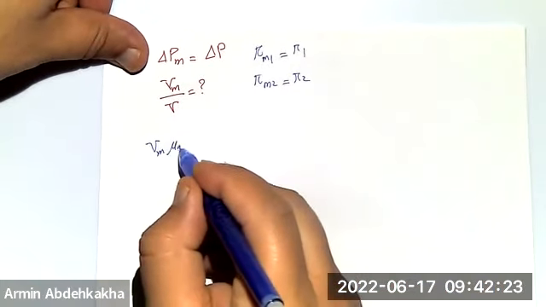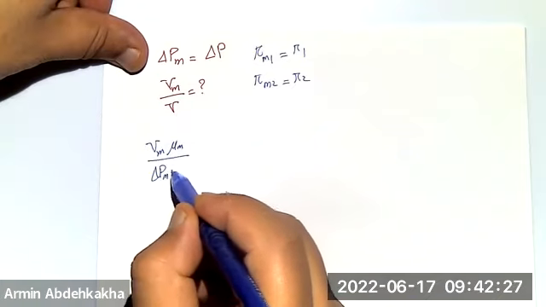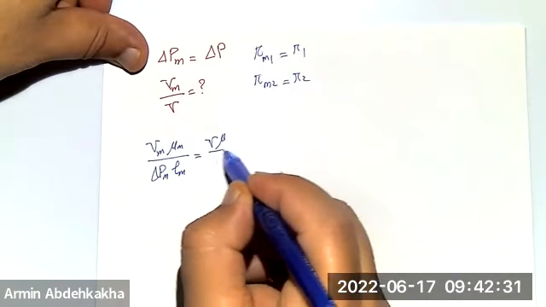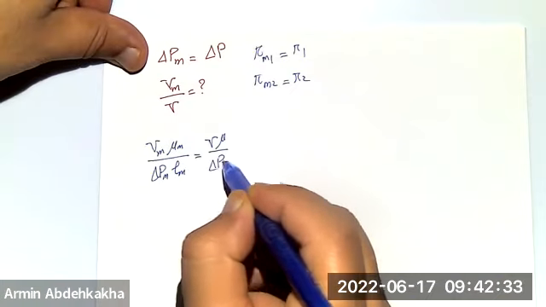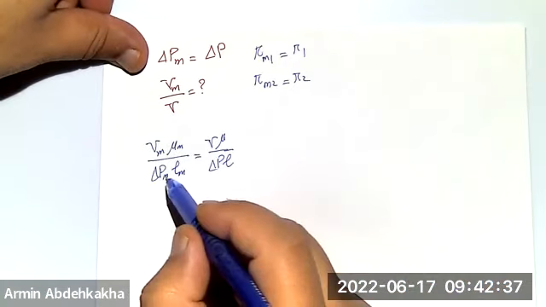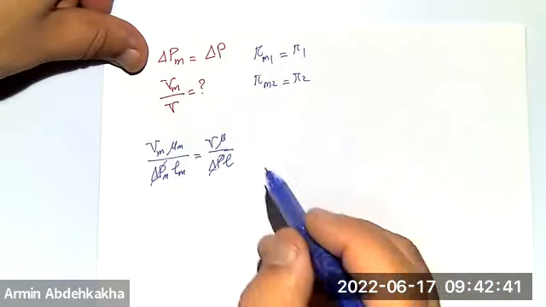So VM mu m over delta PM LM is equal to V mu delta P for the real case. It's given that these two delta P are equal, so they cancel out.